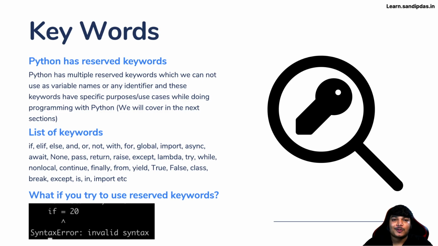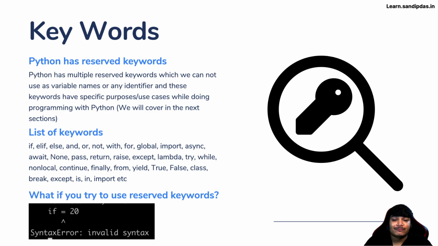Now let's understand the Python keywords. Python has multiple reserved keywords which we cannot use as a variable name or any identifier or function name. Okay, and these keywords have specific use cases or purposes while programming with Python, and we will cover them in the next section anyway. So here is the list of the keywords. You don't have to remember everything, but the necessary ones you have to remember.